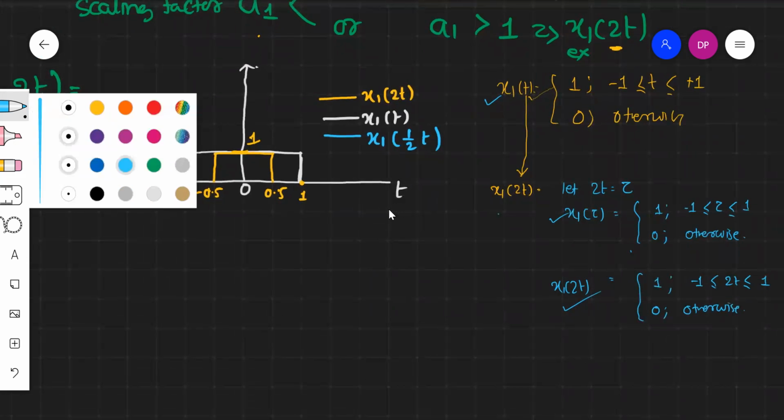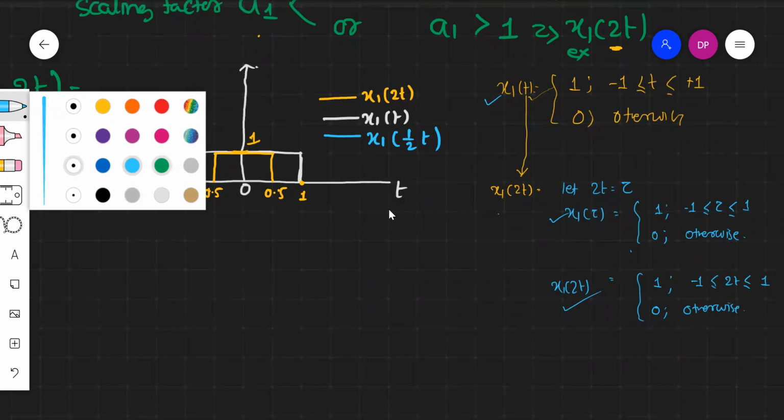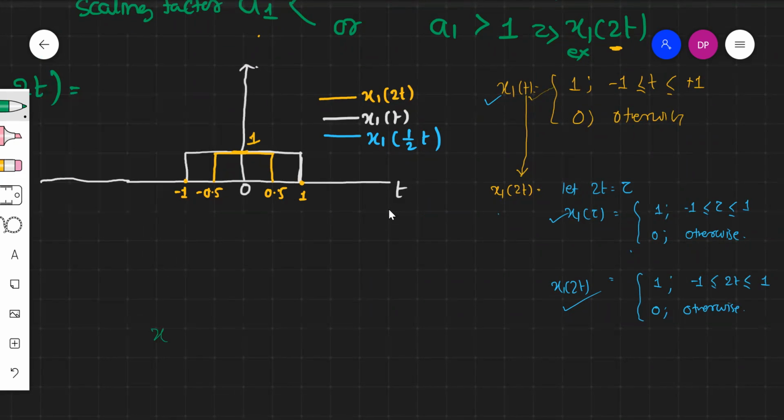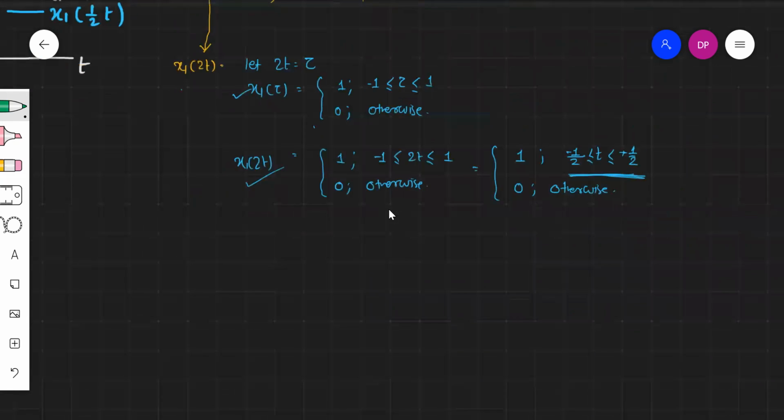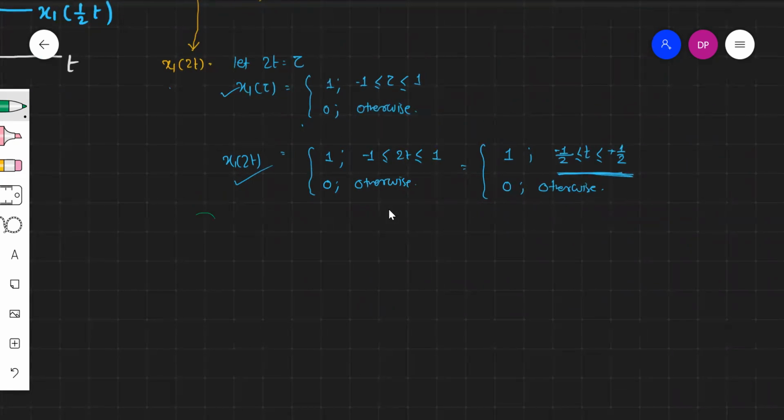We are interested to find out x1 of half t. So x1 of half t, this together, I'm taking it as tau 1, and the mathematical expression will be x1 of tau 1.